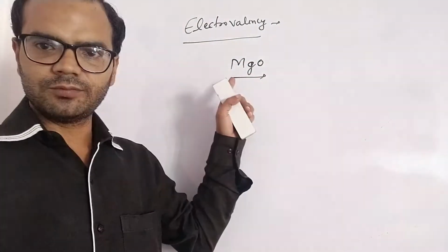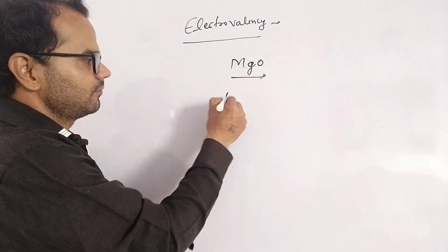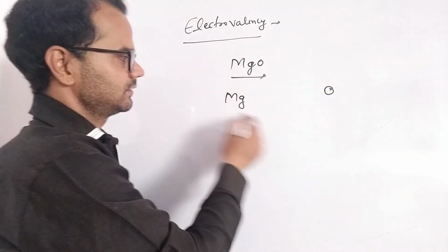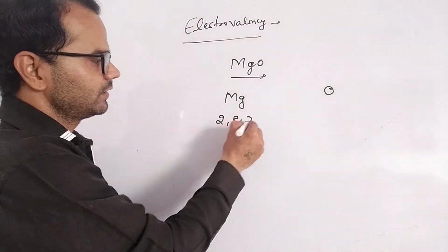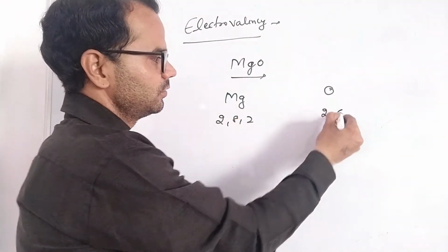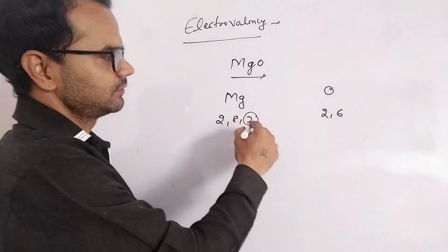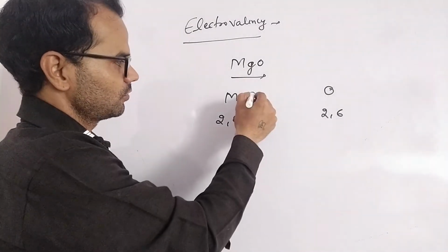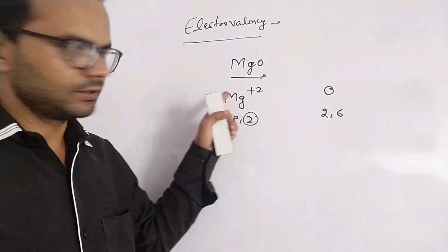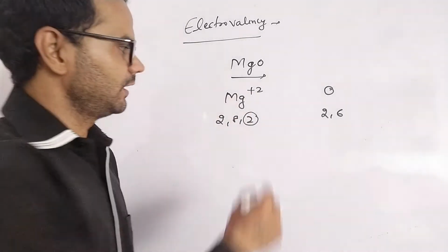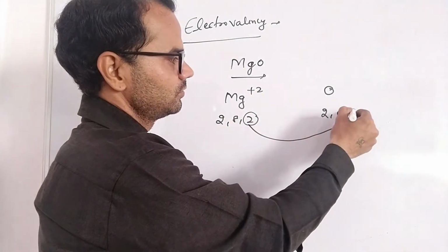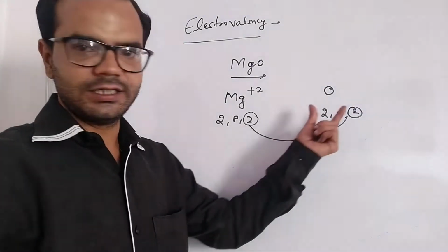I have magnesium oxide. Atomic number of magnesium is 12, so 2, 8, 2, and oxygen is 2, 6. If magnesium loses 2 electrons, Mg2+ divalent cation will form, and it transfers 2 electrons to oxygen. As a result, oxygen will gain 2 electrons.